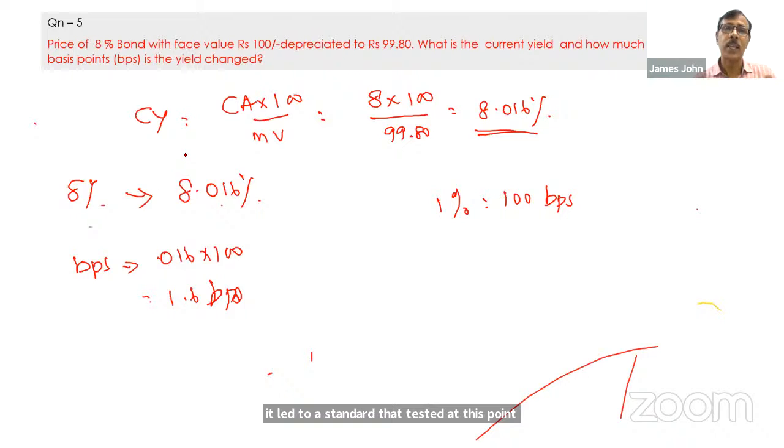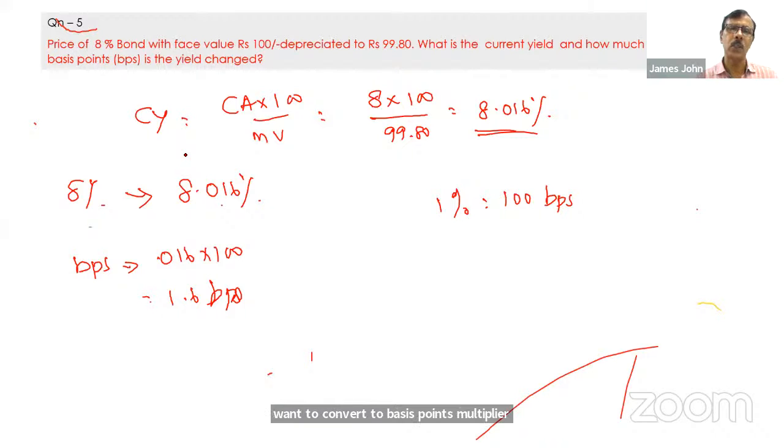So what is the change in current yield? That is the question: what is the current yield and how many basis points has it changed? So you have to calculate the current yield. The formula is coupon amount into 100 by market value. You got it as 8.016. So earlier the yield was 8, that has moved to 8.016. So there is an increase of 0.016%. And if you want to convert to basis points, multiply with 100.